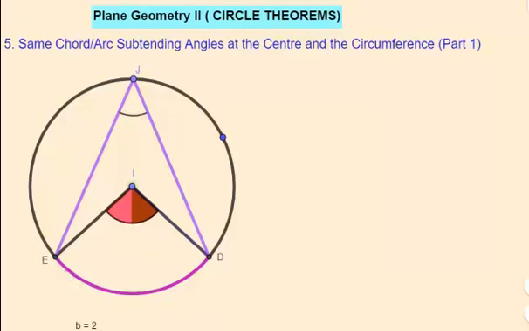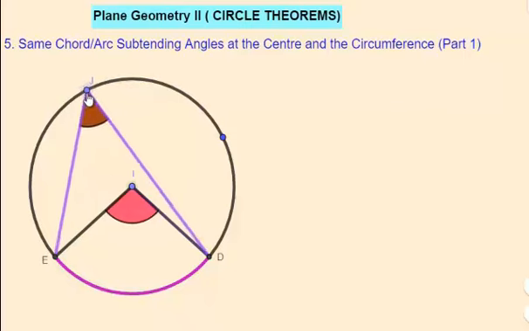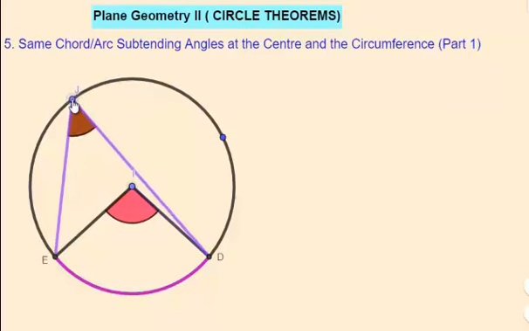Let me go back. Let me move the angle at the circumference, and let's see if the same thing you observe will take place. Yes, I hope you still see that angle EJD occupies half of angle EID.